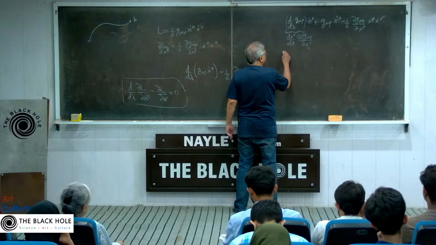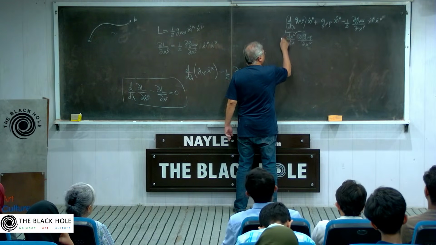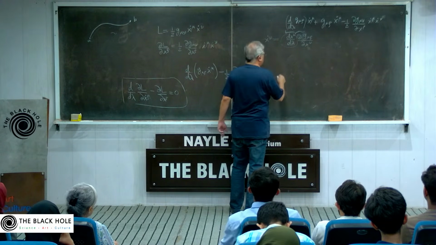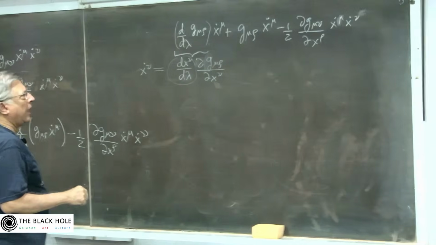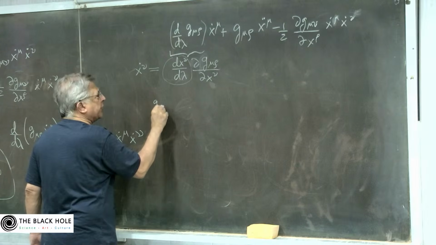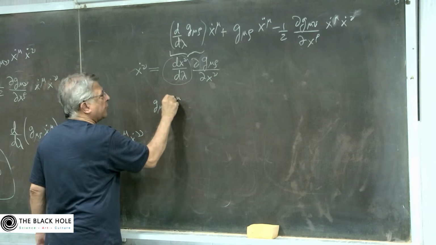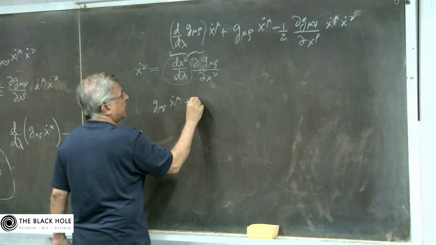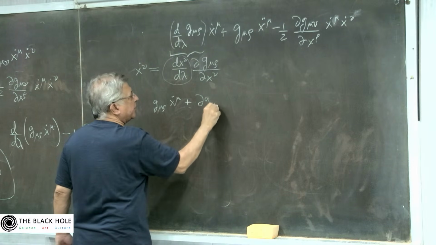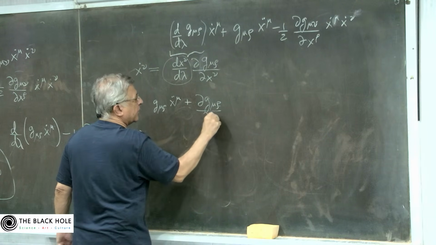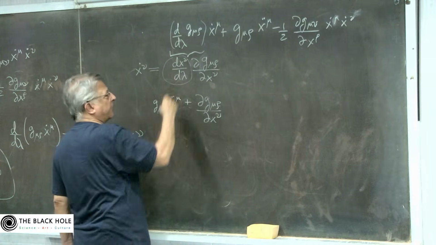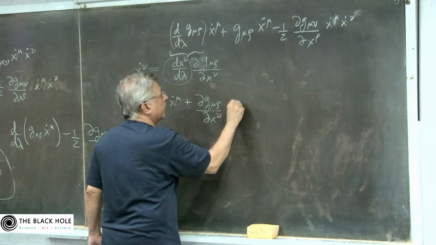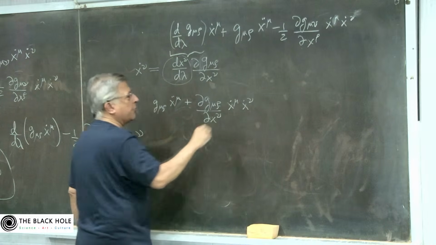So then let's gather all things together. What is this thing over here? This thing is x nu dot. So then I have g mu rho x mu double dot plus d g mu rho by dx nu from here, x dot mu, x dot nu.